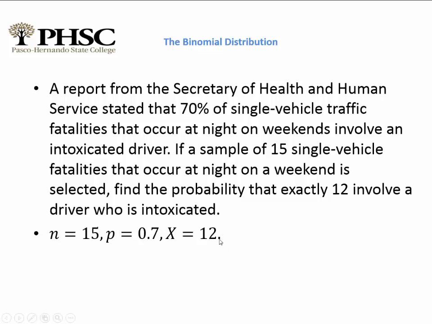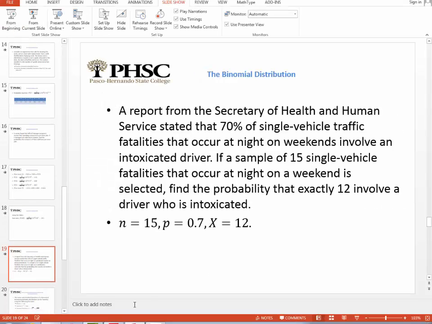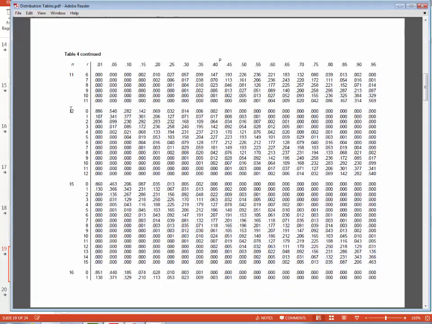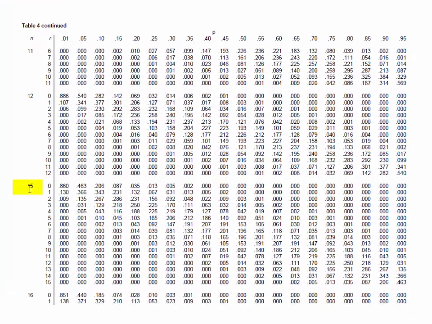The information that we need in order to use the table is just n, the number of trials, which is 15, the probability, which is 0.7, and x is 12. Now we can use the formula, but using the tables is a little easier. So using the table, we look for n is 15, then 0.7, which is this column over here, and then 12.